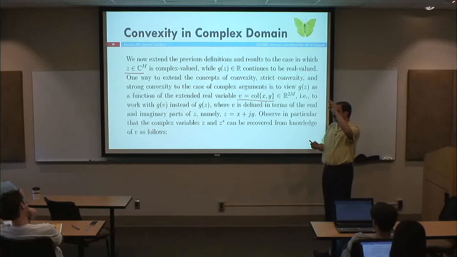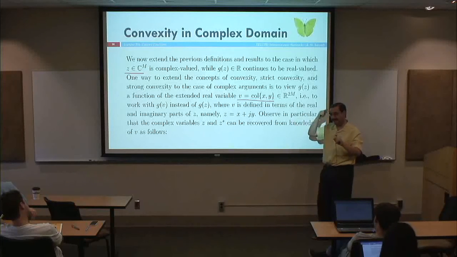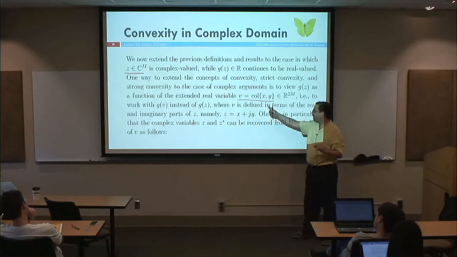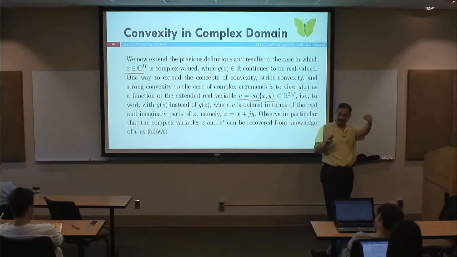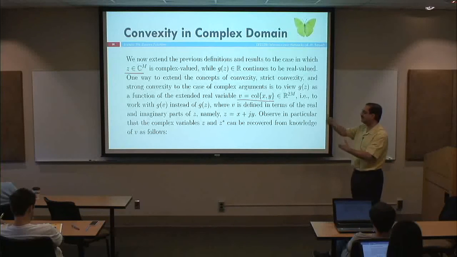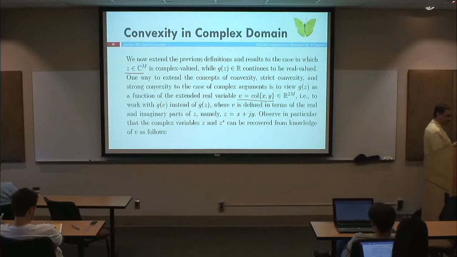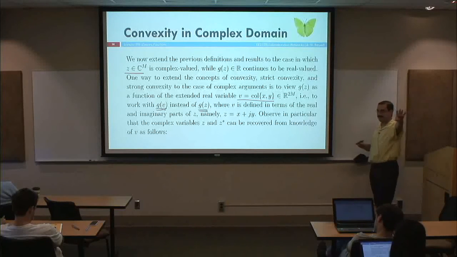So convexity of G of Z amounts to convexity of G of V. This is the simple answer to the question. Think in terms of the real version of G of Z. Replace Z by its real arguments x, y, and think in terms of G of V. Instead of thinking in terms of this, think in terms of that. Then everything we talked about applies, right?